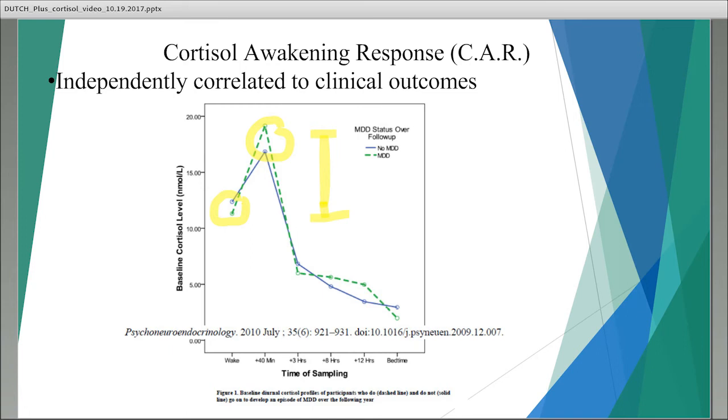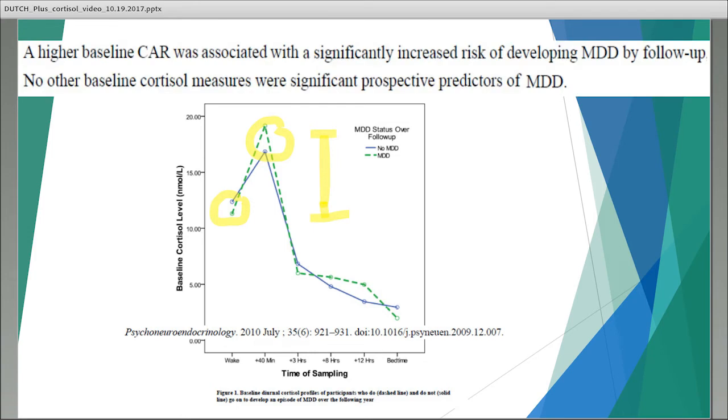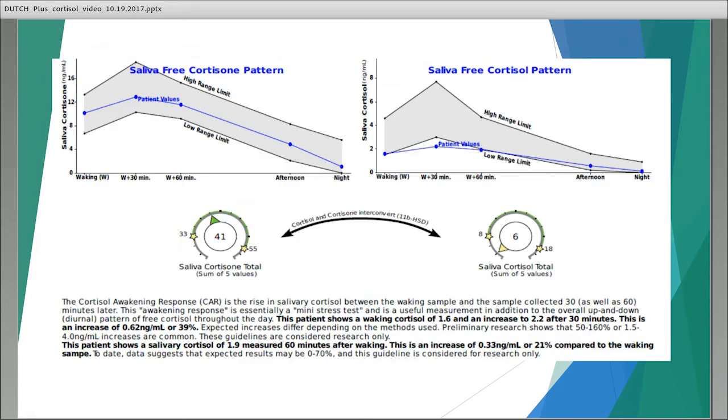And that's what we're trying to look at here, in addition to all the other things that are important as it relates to cortisol. But what this study showed is that an exaggerated cortisol awakening response correlated with people who went on to get major depressive disorder. Similarly, if you have a flat CAR, that's going to be a problem too in terms of symptoms that might be related to low cortisol or low HPA axis activity.